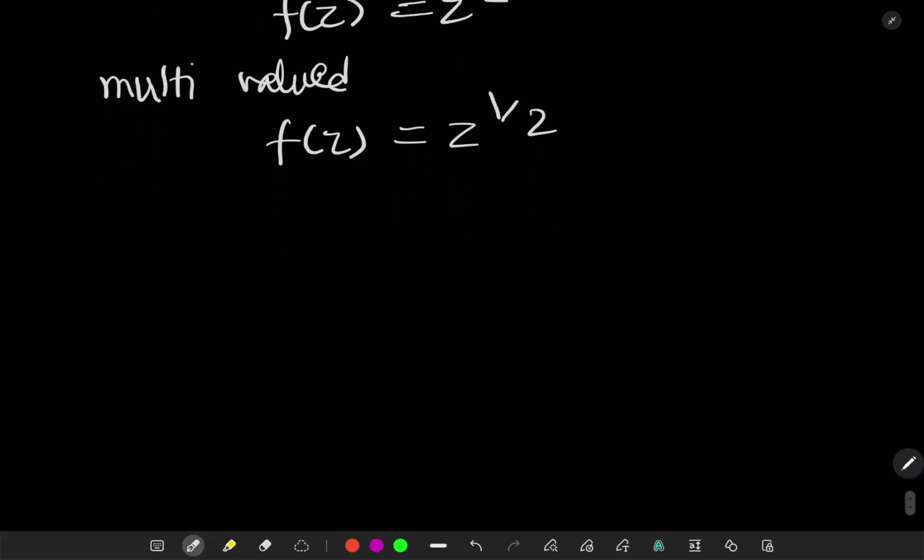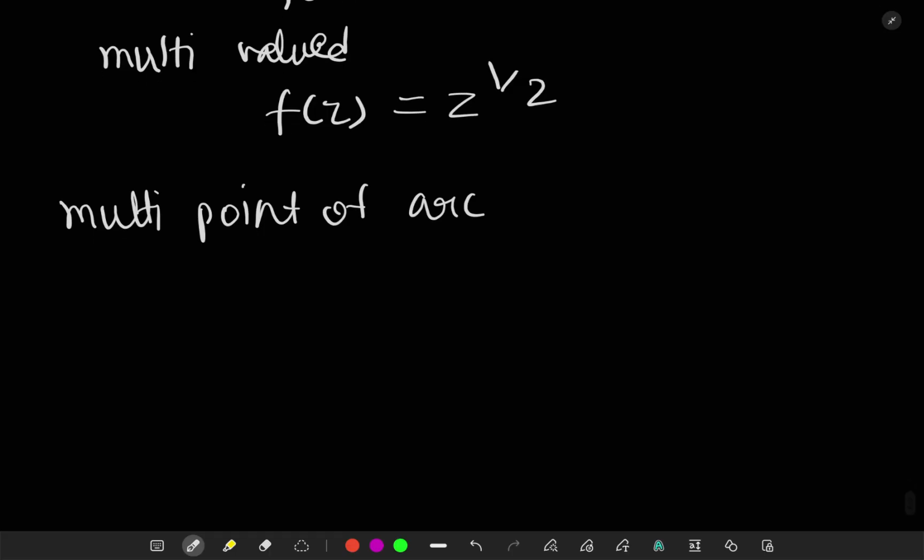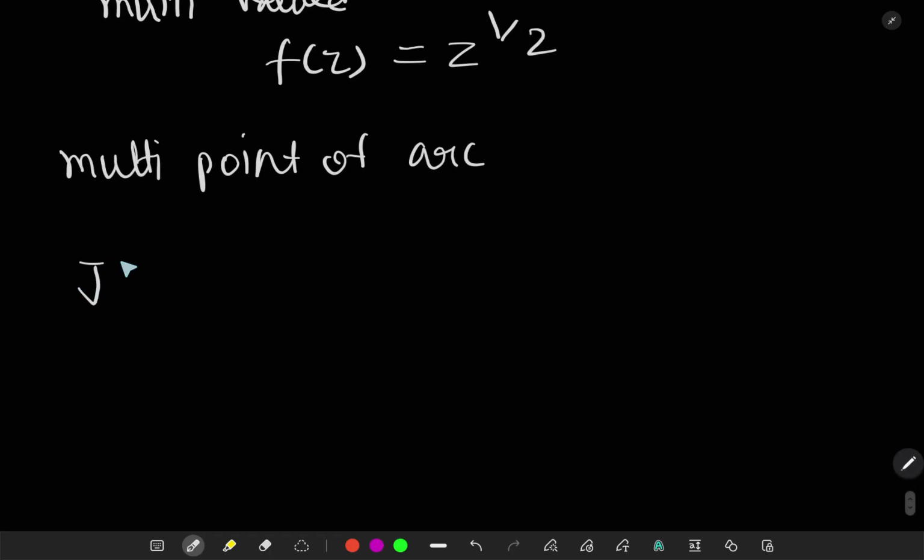Now another point is multiple point of an arc. If an equation is satisfied by more than one value of the variable in the given range, then it is considered a multiple point of an arc. Jordan arc.